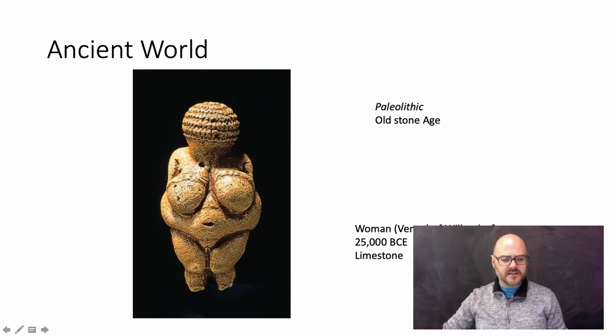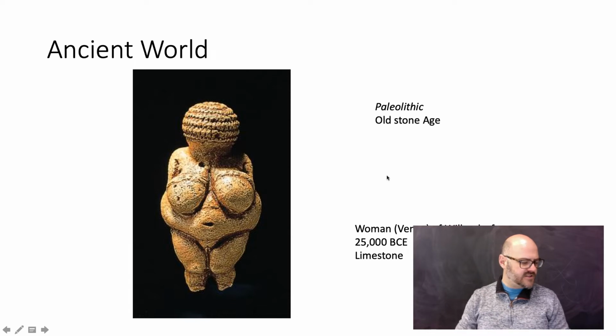That might give some credence to the idea that it represents women in general as opposed to one particular woman. So these are all possible motivations: a fertility goddess, an aid for harvesting plants perhaps, a doll maybe, or simply a guardian figure or an image of beauty. These are all possible motivations for creating this image.